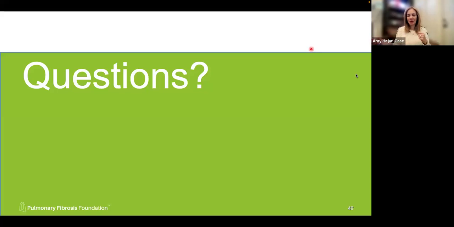This person with a diffusion capacity in the 50% range doesn't necessarily need supplemental oxygen like somebody else that has a similar DLCO. So that really is an individual assessment of oxygen need and exercise capacity, complemented by the diffusion capacity. So I think those are all important things to look at.